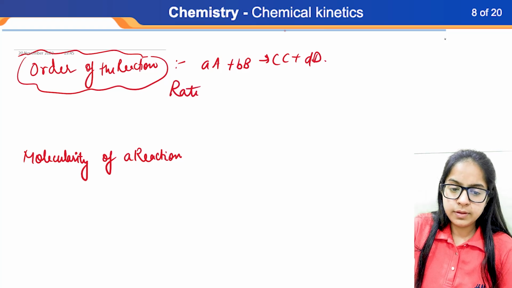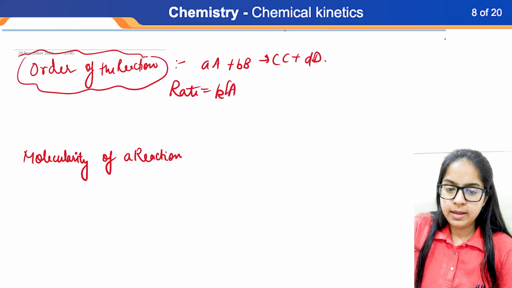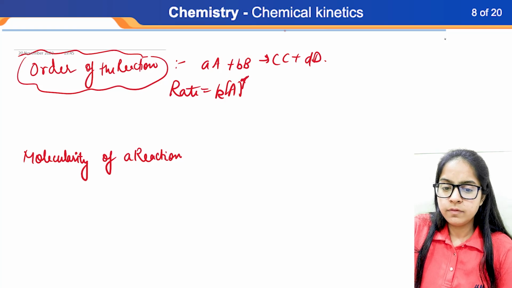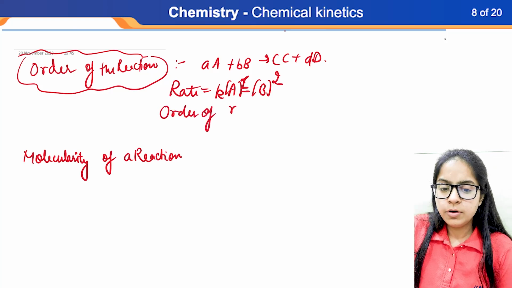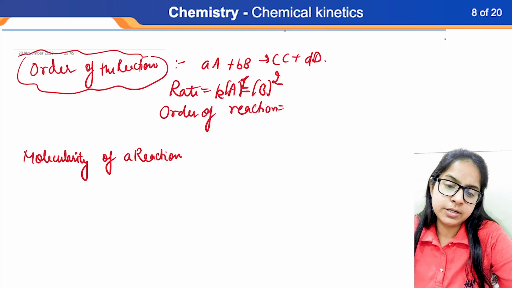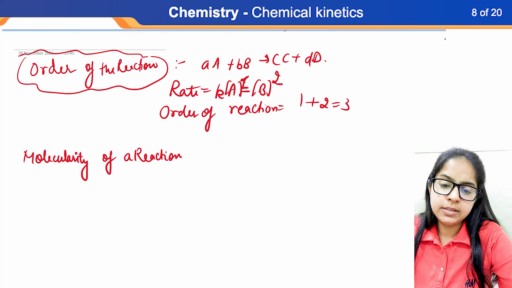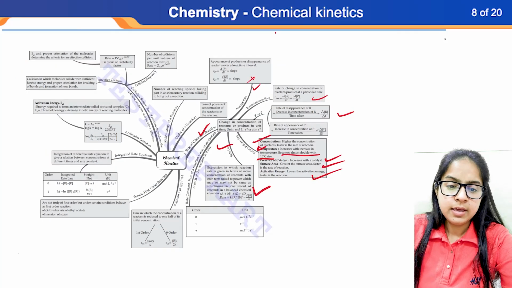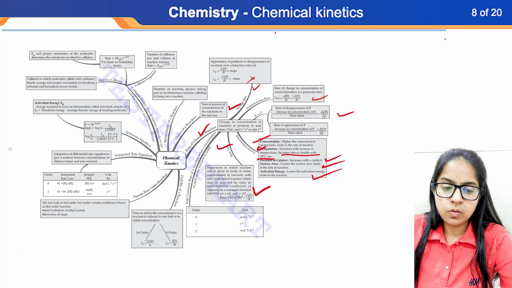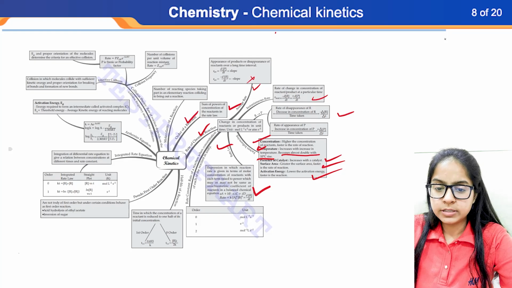Rate is equal to k, [A] to the power 1, [B] to the power 2. So 1 plus 2. The order of reaction is the sum of powers of the concentration. So this is a third order reaction. See, the sum of powers of concentration of reactant in the rate law is called the order of a reaction.